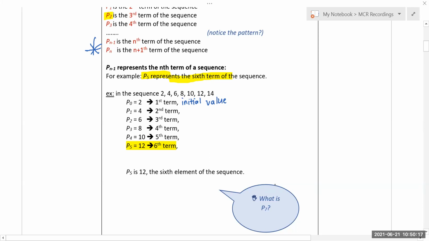But again, if I'm asking for P7, then I'm going P0, P1, 2, 3, 4, 5, 6, 7, which means that P7 is the 8th term, or the 16. It's actually the 8th element in the sequence.